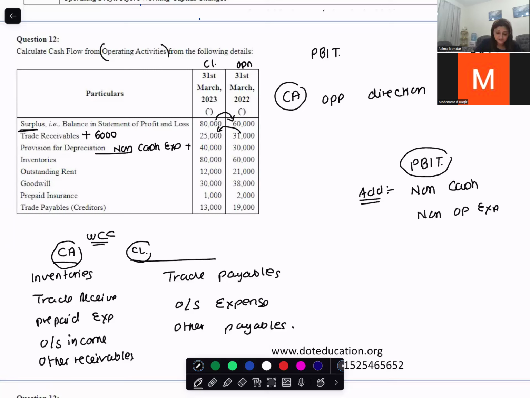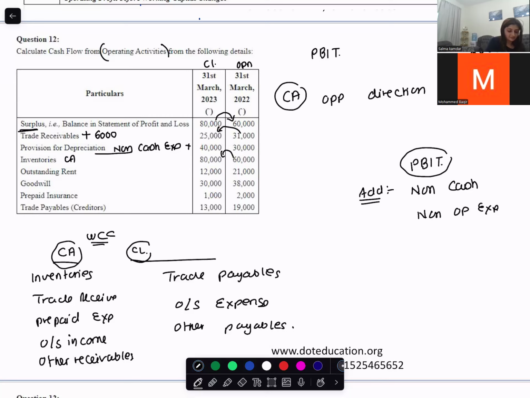Then inventories. Inventories is a current asset. Is it increasing or decreasing? It is increasing. So what will you do?